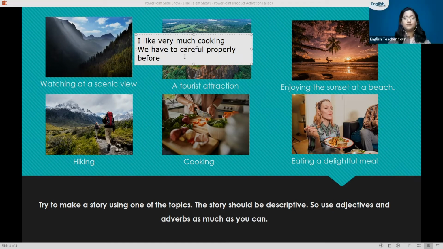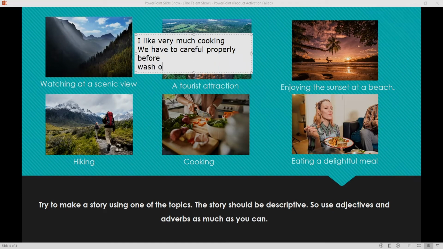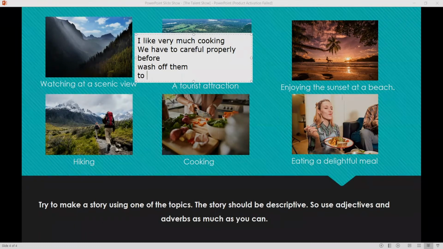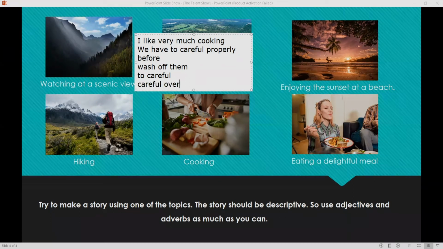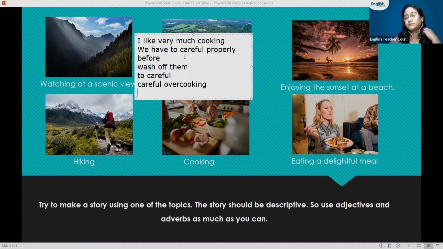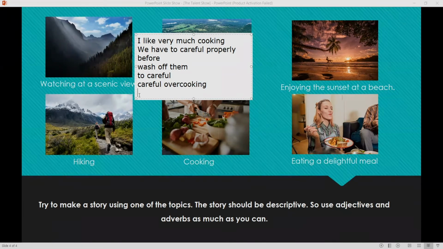Another thing is we have to careful overcooking. Then this healthy vitamins will be destroyed. We can cook different kind of things. We must prepare healthy food as well as tasty. Cooking is very enjoyable one.